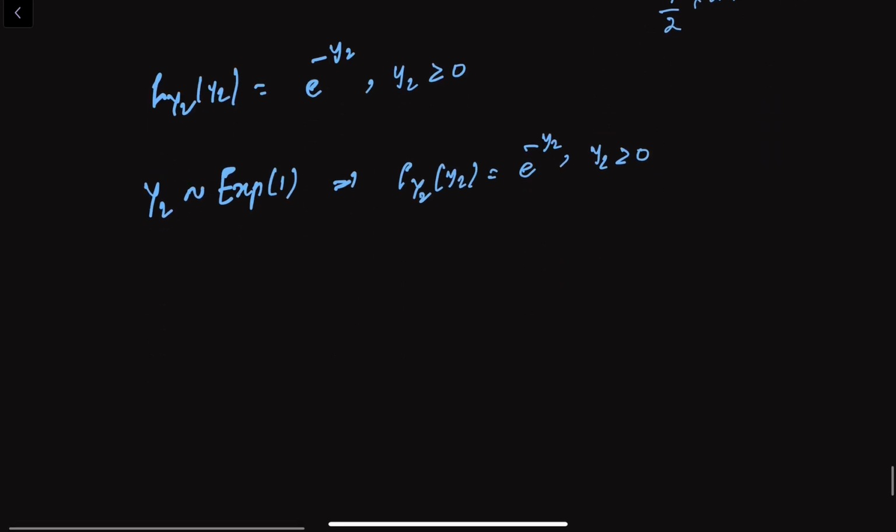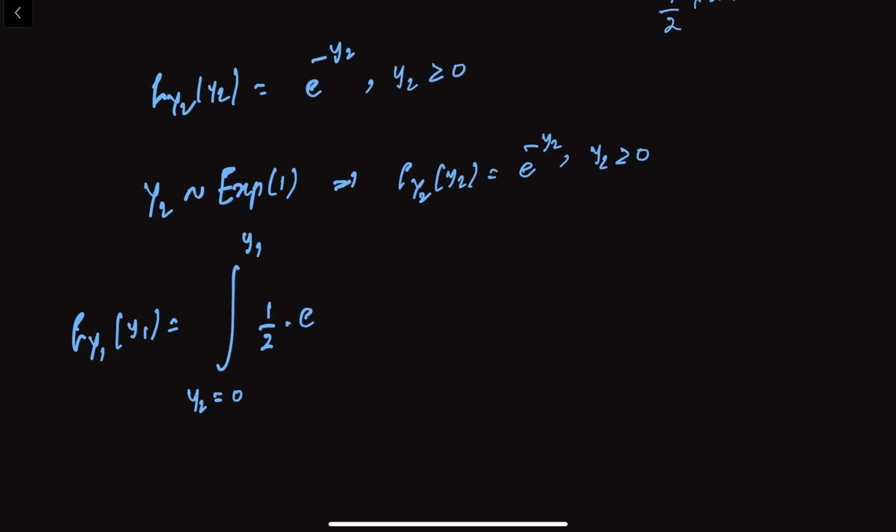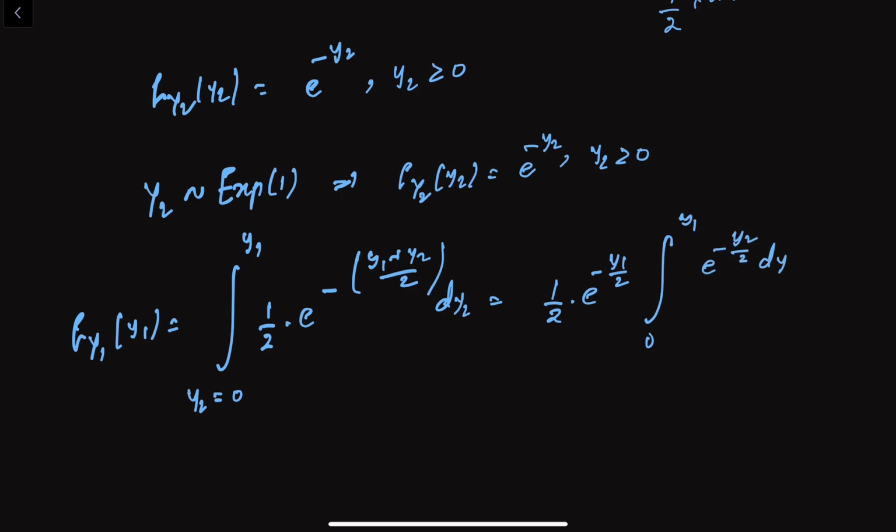In the same way, fy1 of y1 would be, so y2 is going from 0 to y1, so half into e to the power of minus of y1 plus y2 by 2 dy2, which is half times e to the power minus y1 by 2 integral 0 to y1 e to the power minus y2 by 2 dy2, which is 1 by 2 into e to the power of minus y1 by 2 into again like 2 times e to the power minus y2 by 2.